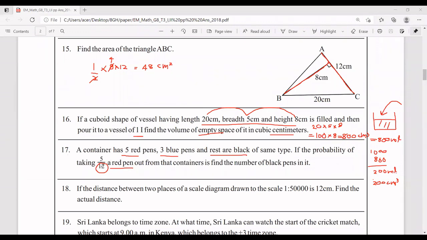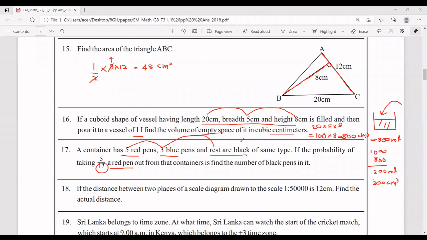Always the denominator is the sum of pens. 5 red plus 3 blue, 8 pens. 8 plus what should be 12? That means using this you can find the number of black pens. 8 plus 4.